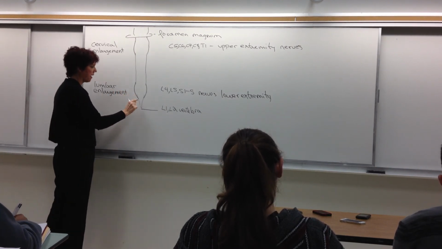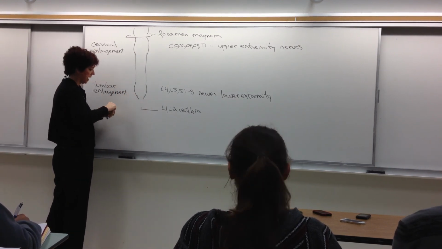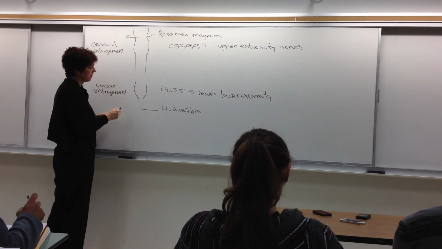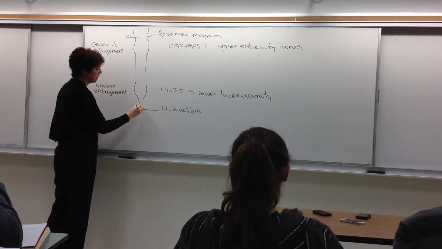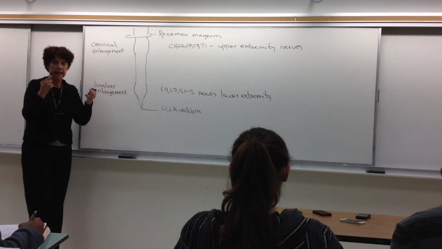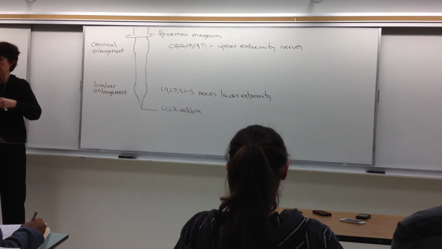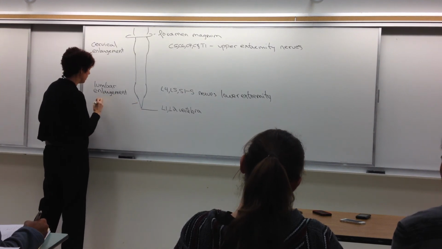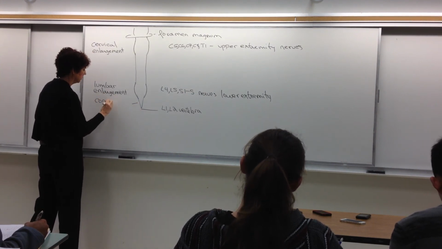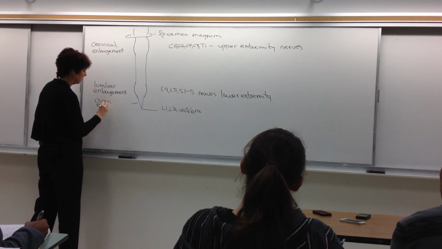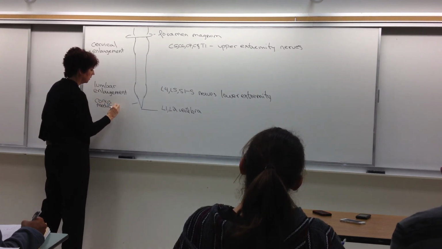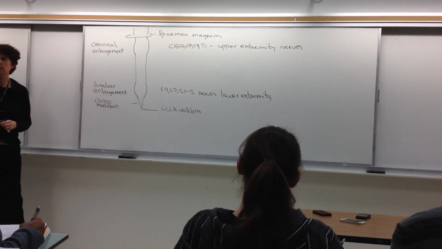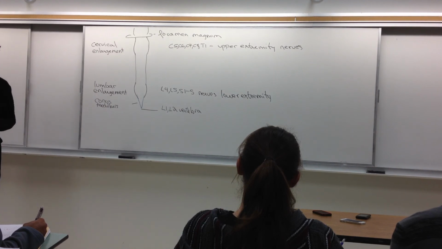This pointed area, if we redraw it in a different color, looks a bit like the cone component of an ice cream cone. And so this is identified as the conus medullaris. And so that's the tapered portion of the spinal cord.